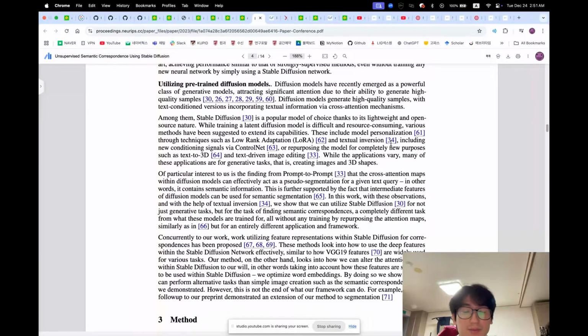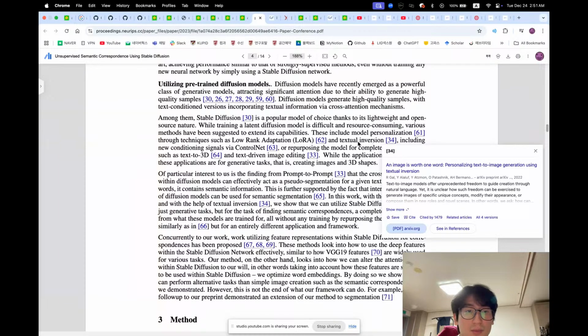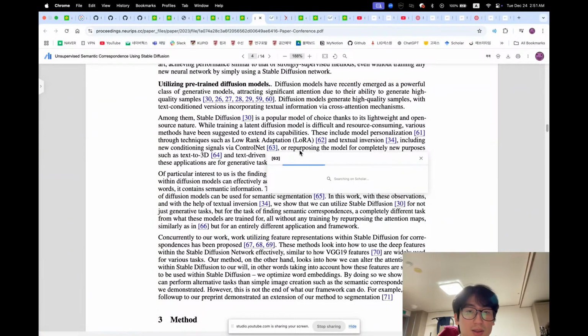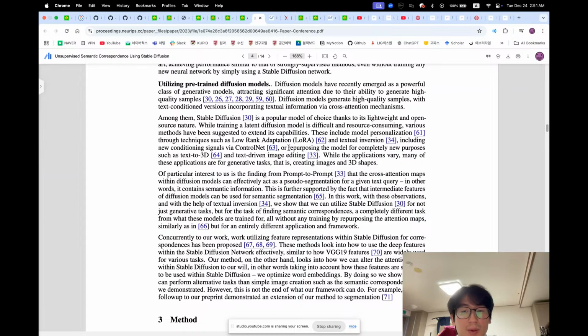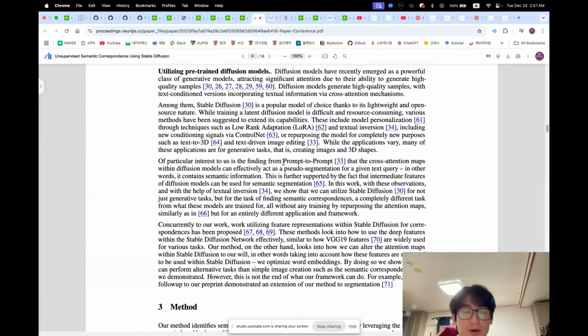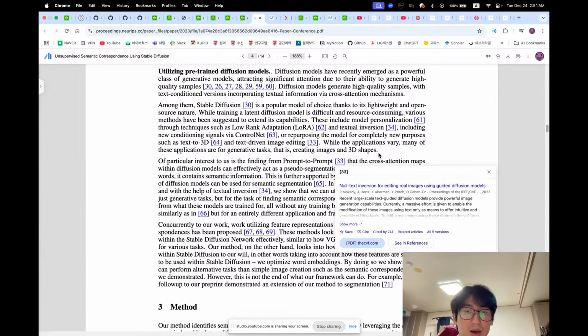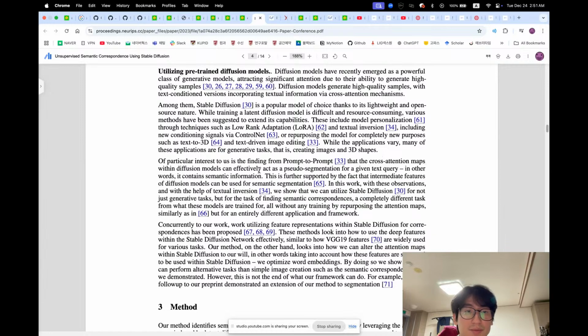Repurposing the model for a completely new purpose. Prompt to prompt, pseudo segmentation. These are new features we can use for semantic segmentation.